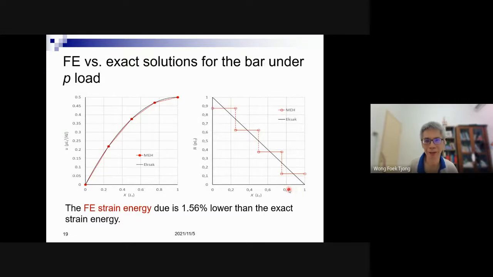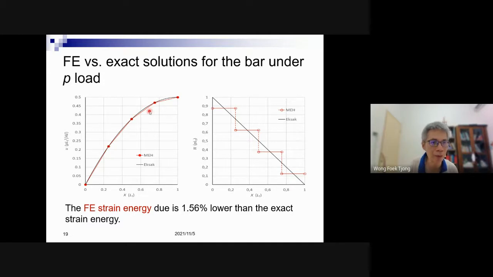Unfortunately, the finite element gives, for each element, something like this. So it's piecewise constant. Why? Because the normal force contains the first derivative of U. U, the displacement, is linear for each element.